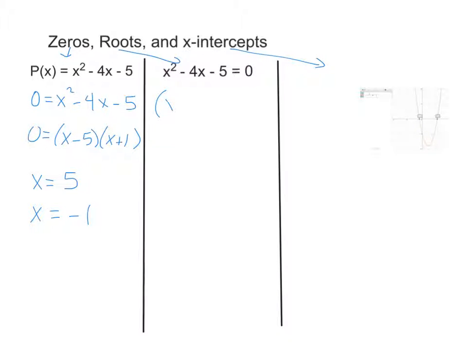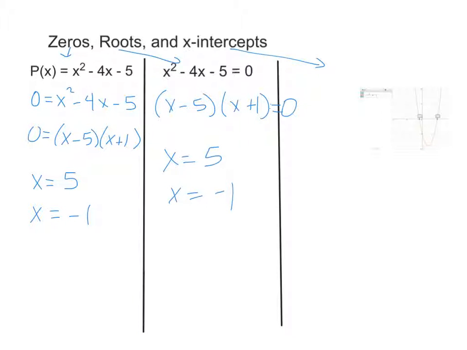Factor: x minus 5, x plus 1 equals 0. And then the solutions are x equals 5, x equals negative 1. Same thing. So that's why we can interchange them. Even though in one we're solving an equation and in the other we are finding the solutions to a polynomial function, it still ends up with the same thing.